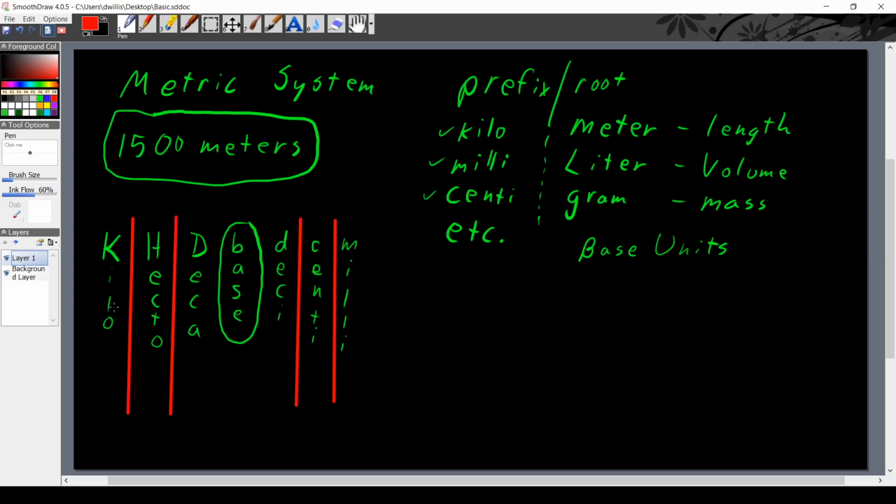Now, kilo is actually a prefix that means 1,000. All right, and so if we have a kilometer, we literally have 1,000 meters, because the prefix kilo literally means 1,000. And so when you say a kilometer, you are literally saying 1,000 meters.